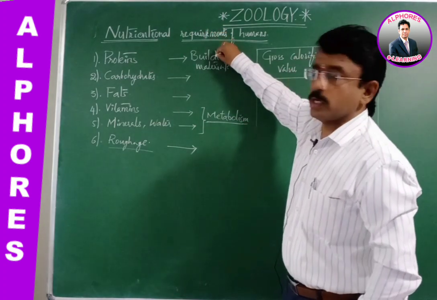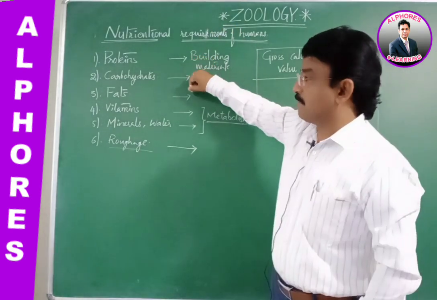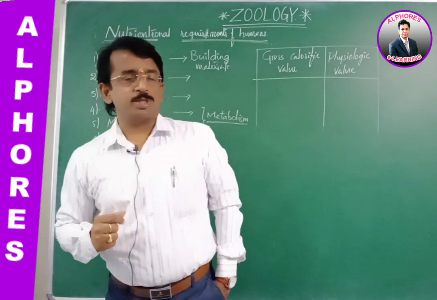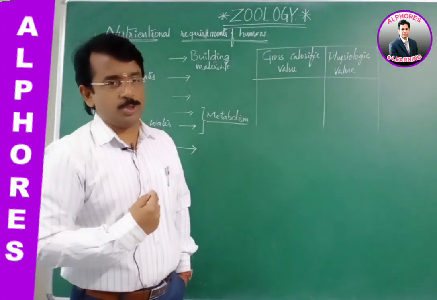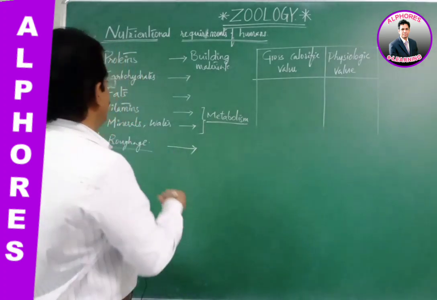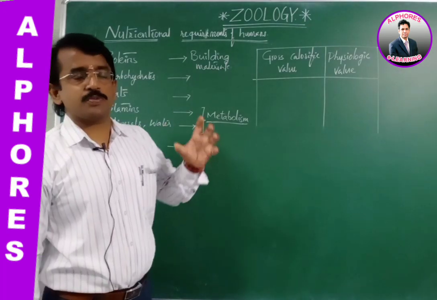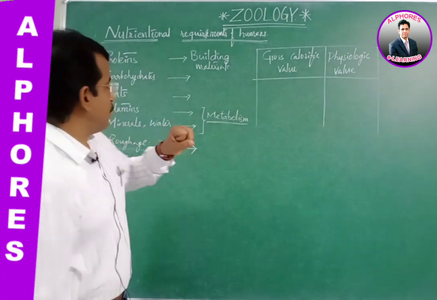Proteins are building materials of the body, carbohydrates are chief energy sources, and fats are all macromolecules which need to be converted into micromolecules, that is nothing but digestion.